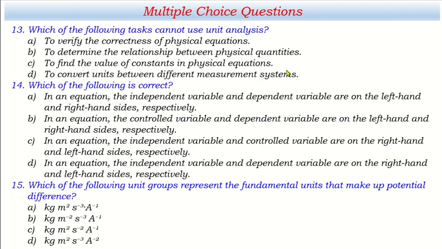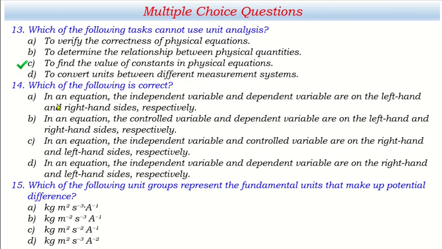For example, kinetic energy equals half m v square. Half cannot be obtained by unit analysis. That's why option C is the correct option. Unit analysis cannot be used to do this task. To convert units between different measurement systems, yes, we do this also with the help of unit analysis.